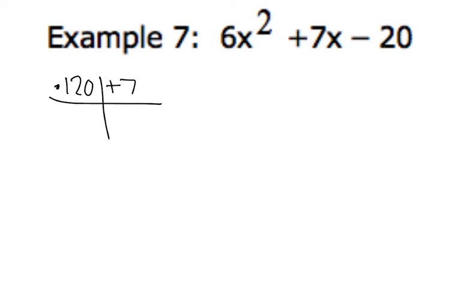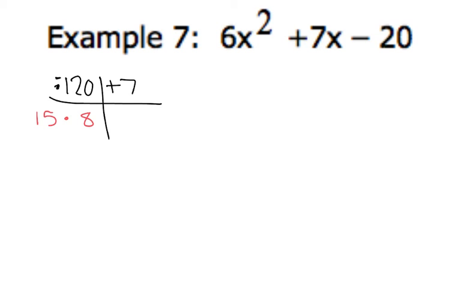So some of you may have to go through a list of factors. If I'm not mistaken, I believe 15 times 8 is 120, but that 120 is supposed to be negative.